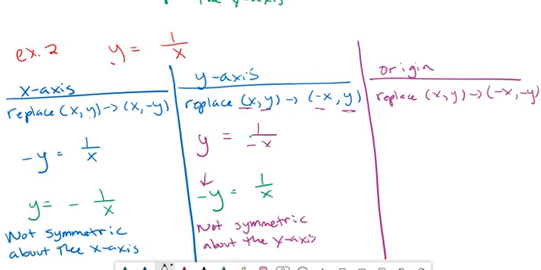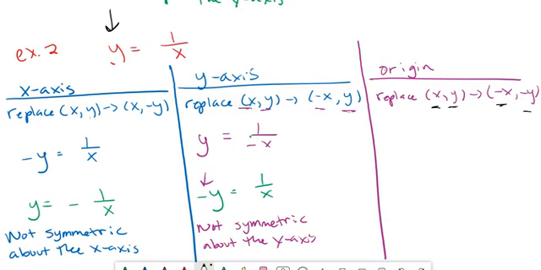Okay, so again, that's needed in your homework and the lab and the quizzes and the test to tell me that you know how to test for symmetry about the origin. Then you need to actually do it. So in this case, each x is being replaced with negative x. Each y is being replaced with negative y.